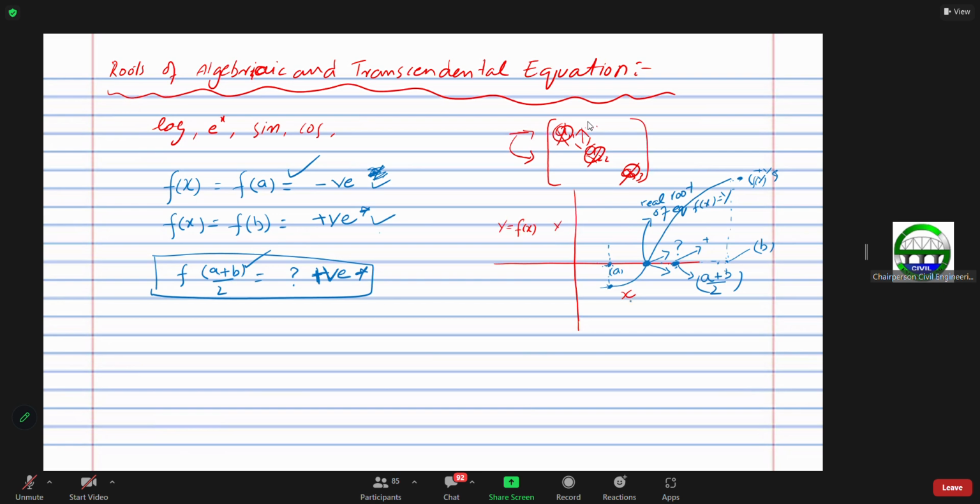Okay, here. So you have now (a+b)/2. If you see in here, your solution, the real root, will lie where? It will lie between this value and this value, not this or this, right? It will lie in here or here.